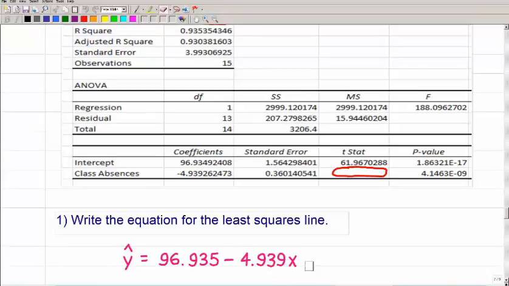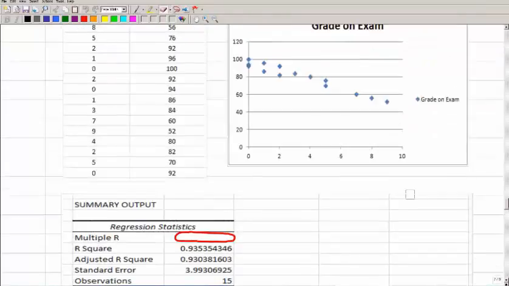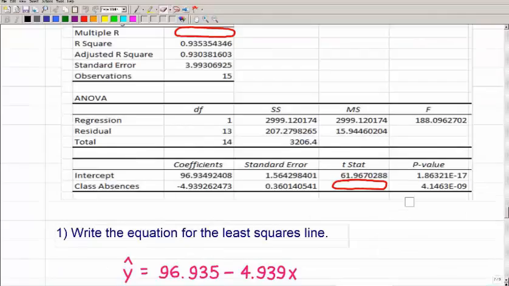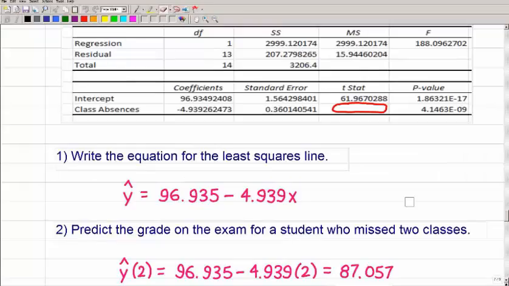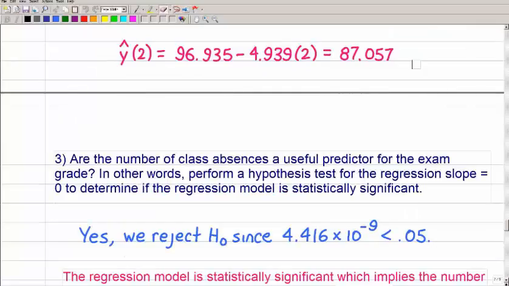And you see the graph shows you it's a negative slope. And so let's say we predict the grade for a student who misses 2 classes. So we plug 2 in there and we get 87.057.